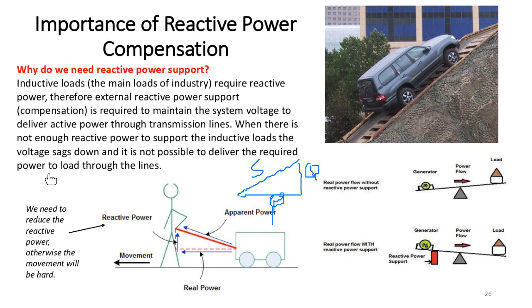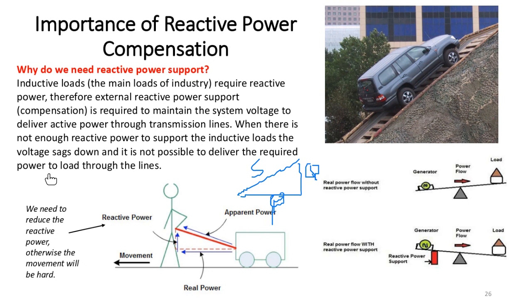This external support can come from the synchronous condenser or from a bank of capacitors, installed close to the industry, to the factory, and then we can deliver the necessary power and the voltage becomes the nominal voltage, the voltage which is required.